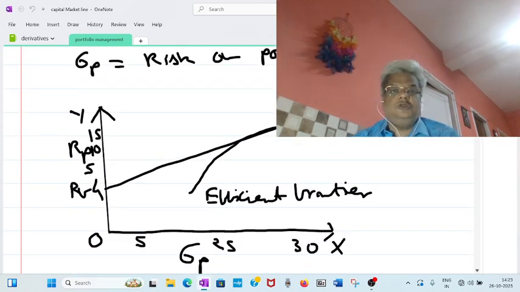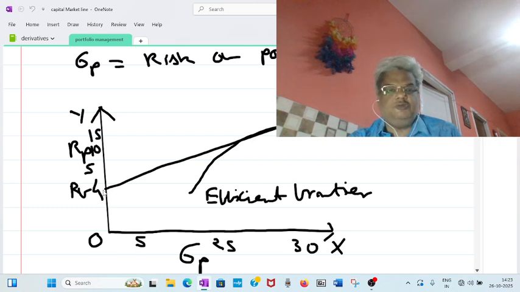You can see the picture here. Rf is 4%. So at zero level of risk, this x-axis is the standard deviation of the market portfolio and the y-axis is the return of the portfolio. So at 0, at O, we know that the standard deviation of the portfolio is 0, meaning risk is 0 and risk-free return is 4%.